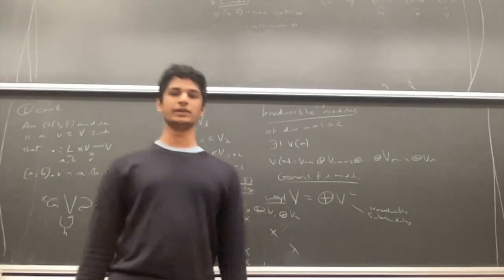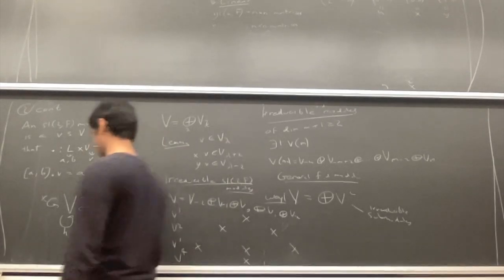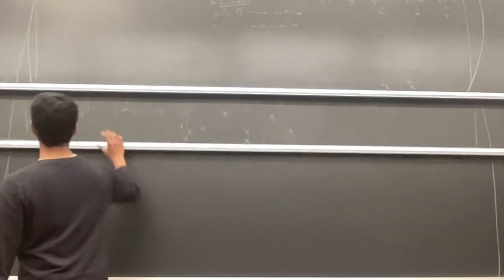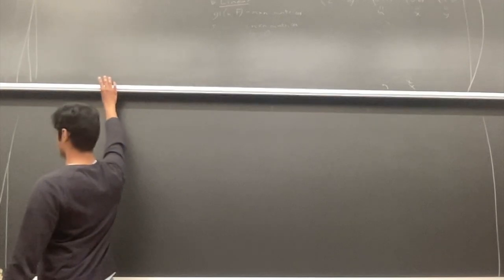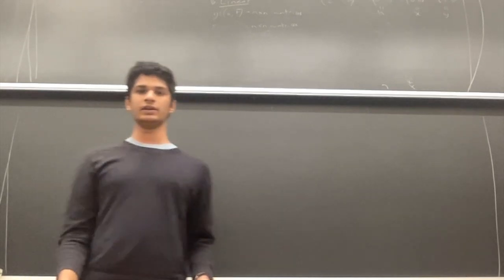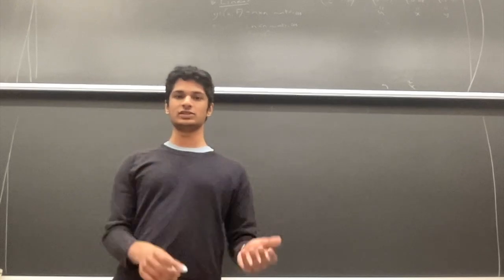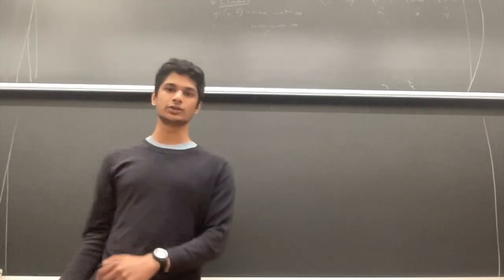Now we are on part 3, looking at the structure of semisimple Lie algebras. Okay, so we're going to assume a lot of things which are needed, but just keep in mind that the representation theory will lend itself nicely to the structural theory.